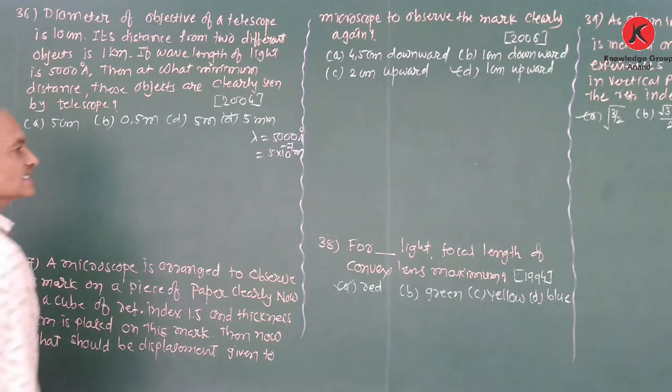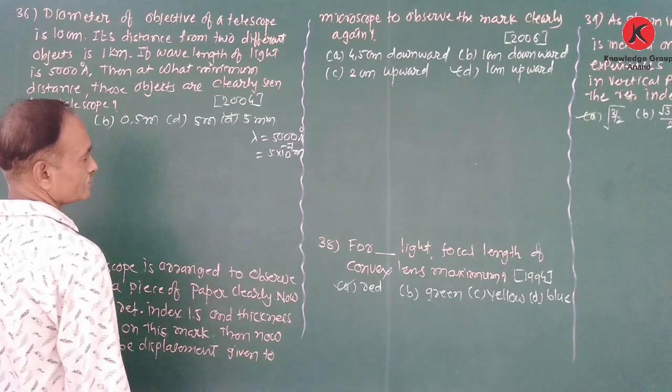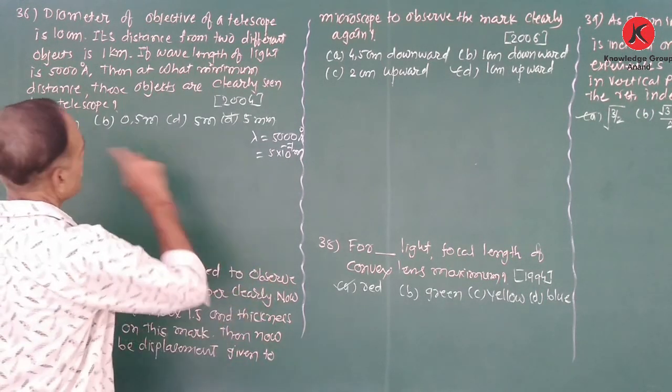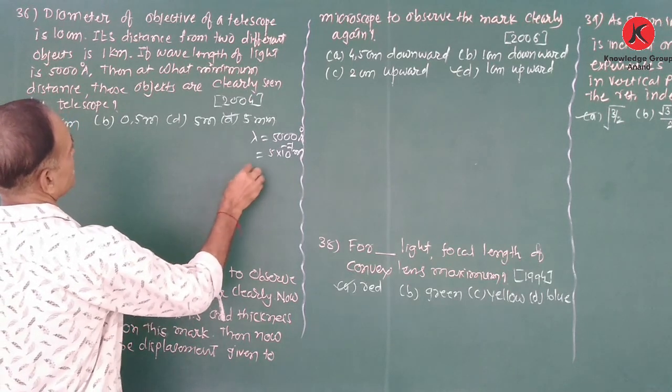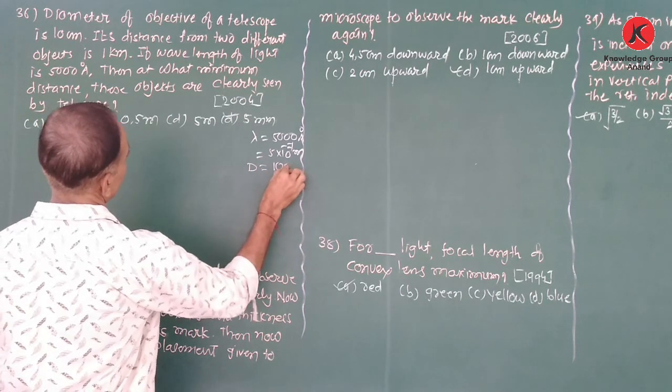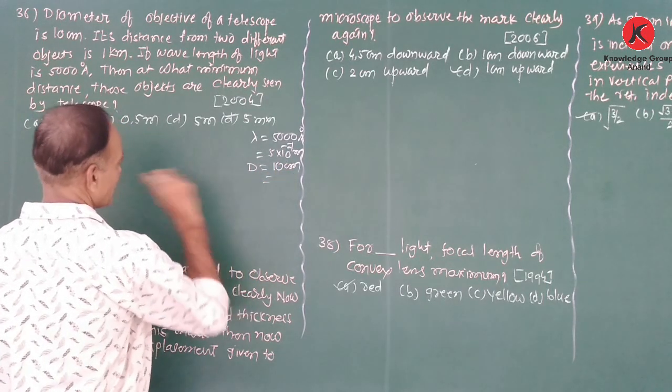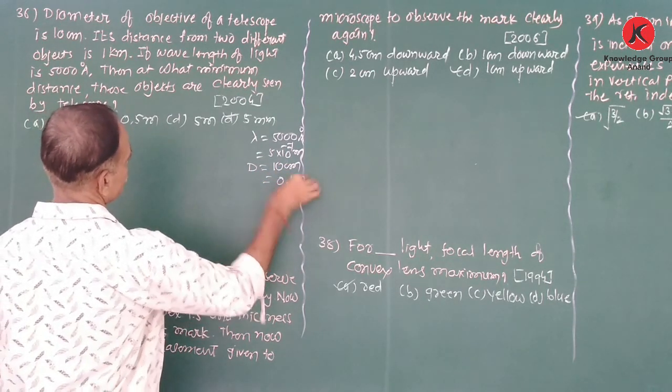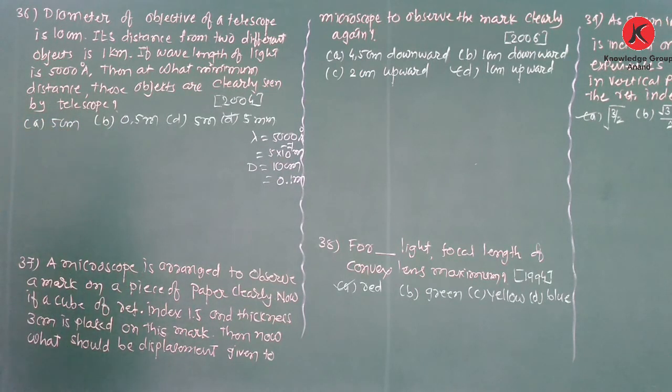Distance is given 1 kilometer. D is equal to diameter, which is given as 10 centimeter, that means 0.1 meter.